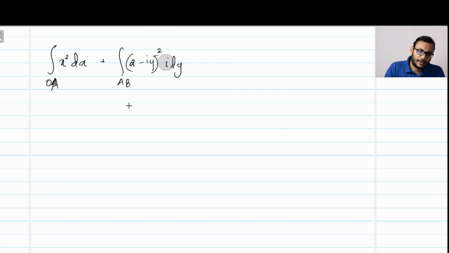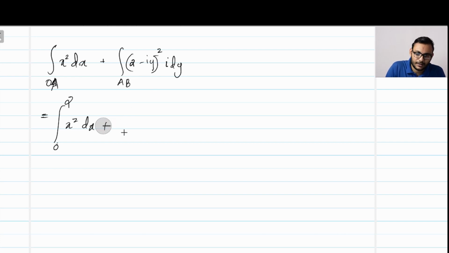So now we can evaluate it. In OA the variable is only x, so we have to consider the limit of x from the starting point to the final point. It is given by the integral where x varies in the OA region from 0 to 2, x square dx, plus in the AB region the variable is along the y direction and it is changing from 0 to 1.